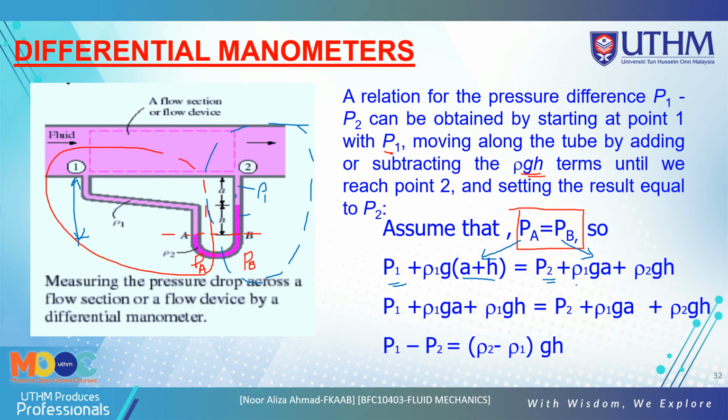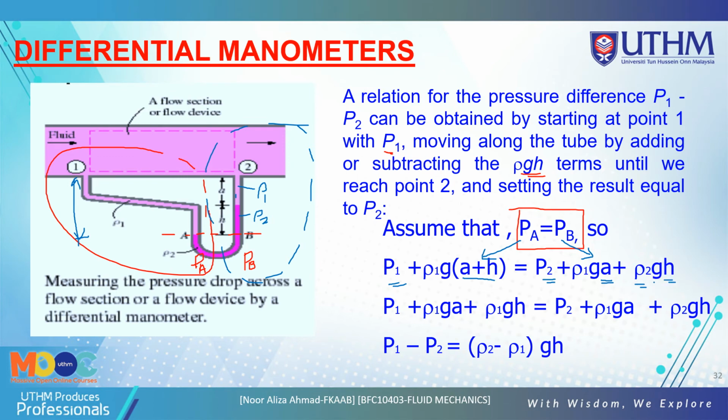So you use density of fluid 1 times g times A, because the depth of this fluid is A. And then plus the density 2, fluid 2 here, density 2 times g times H.